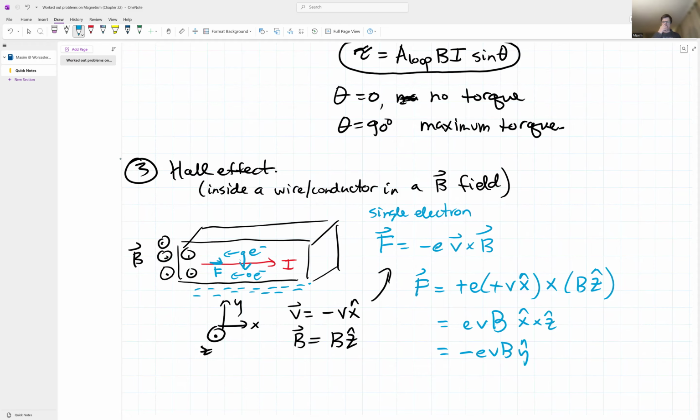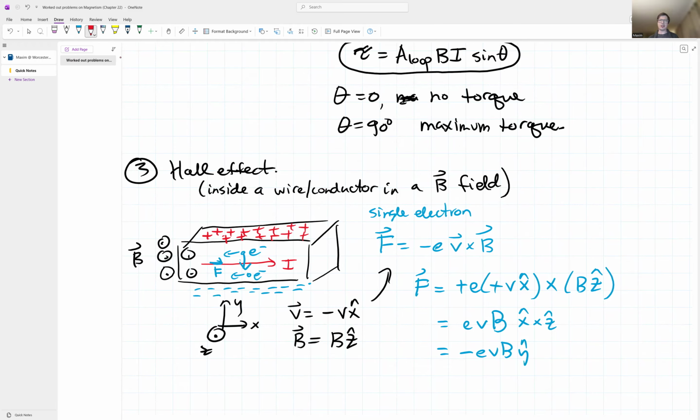And since those electrons are canceling the positive charge in the material, there must be an unbalanced amount of charge on top. So there's going to be positive charge on top, because if the electrons are being pushed down onto the bottom and collecting there, then, since the net charge on the conductor is zero, those electrons must be leaving behind some positive charge on top of the conductor.